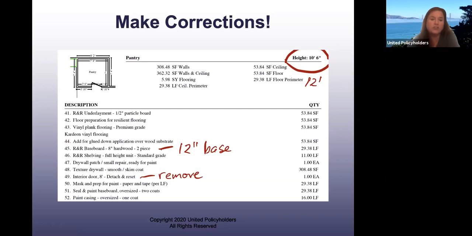A lot of adjusters are sort of all over the place. So start either at the top or the bottom. Think about your flooring. If we look here, this one had vinyl plank flooring. Some of the things you might not know about, things like floor preparation and underlayment.